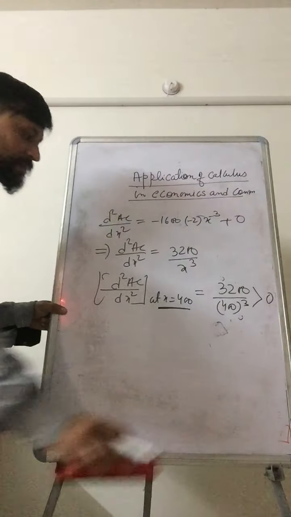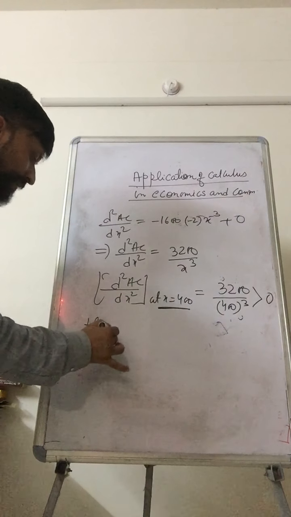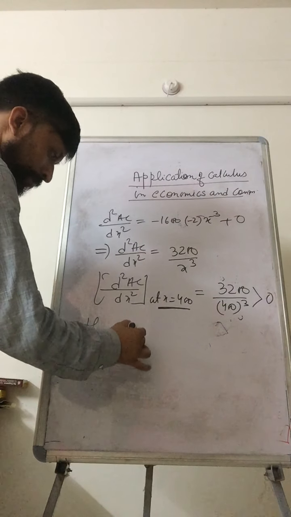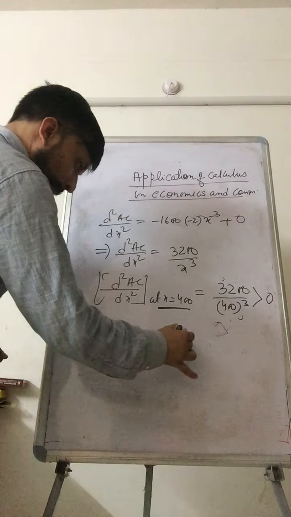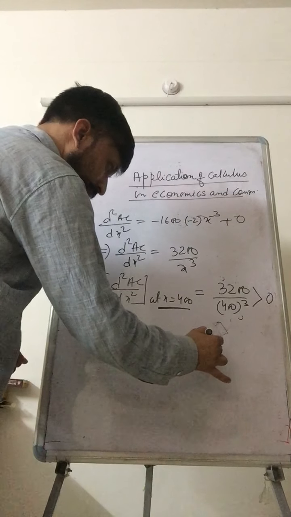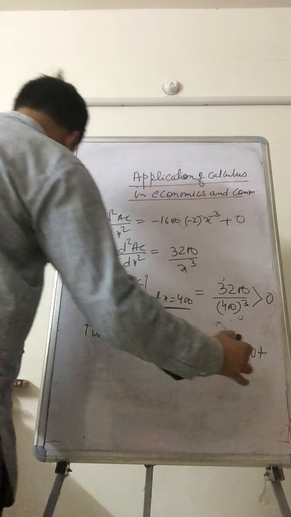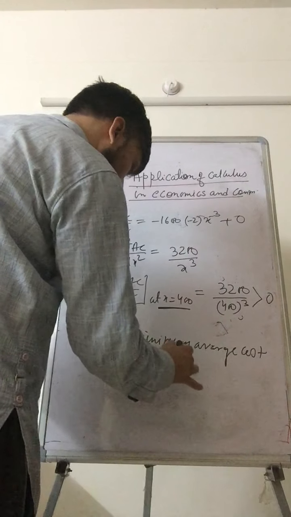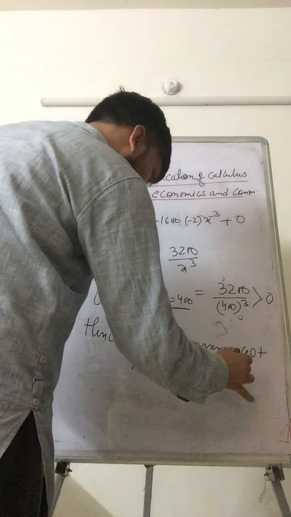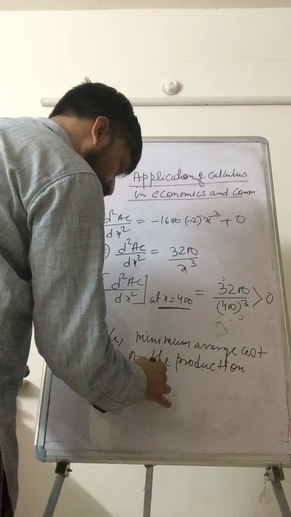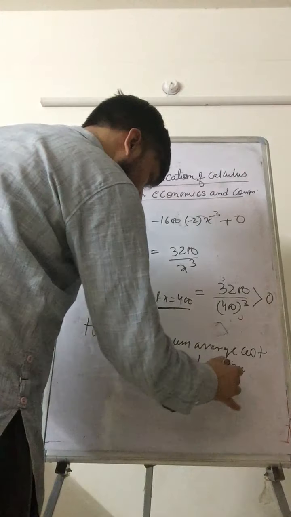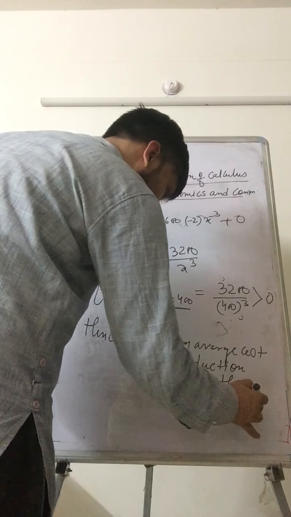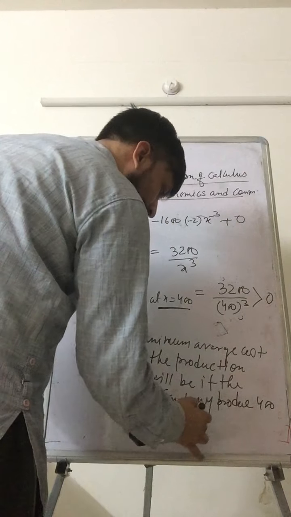So thus we are getting this, hence we will make the conclusion: there will be the minimum average cost of the production when the company produces 400 articles.